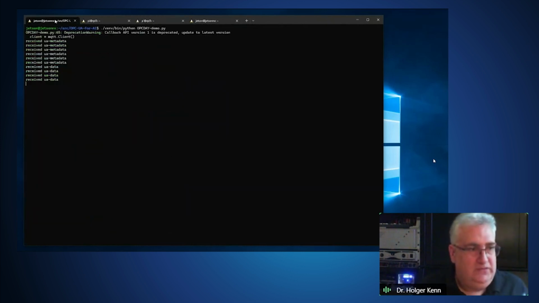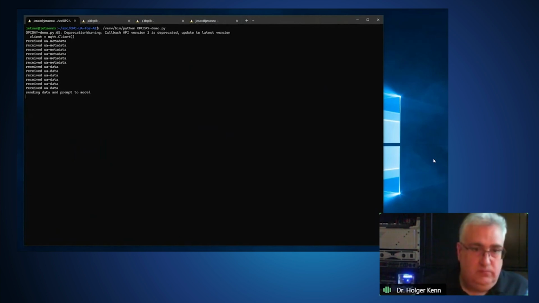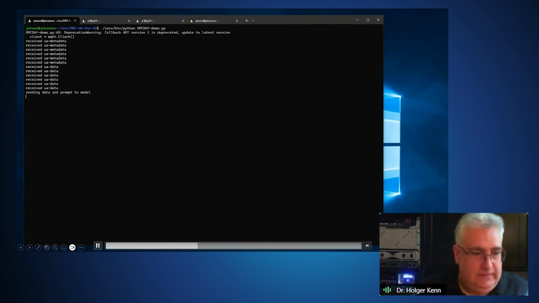And what this demo basically does, it just pulls metadata and data from the MQTT data stream, and now takes this information and just adds it together with the prompt to a model and sends it. And that's a very small model. It's a 1.5 billion parameters DeepSeek model. So this is really comparably small and can easily be run on embedded devices on the corner.